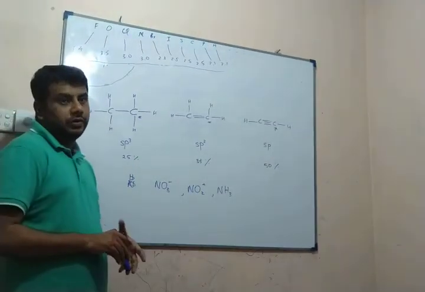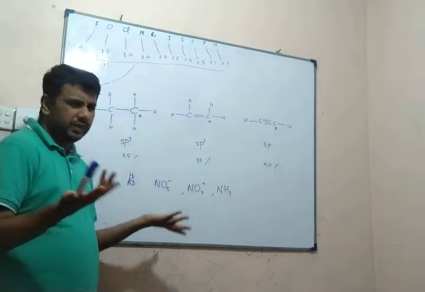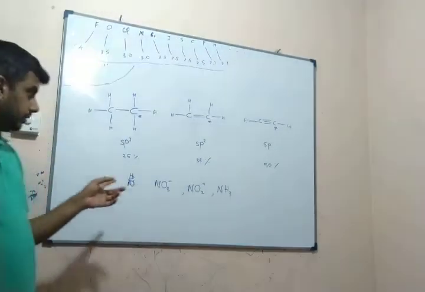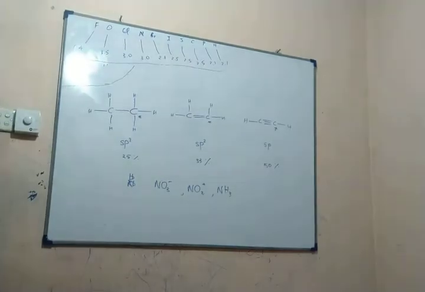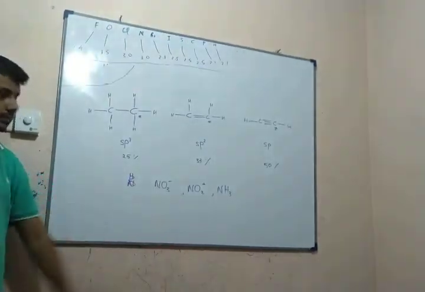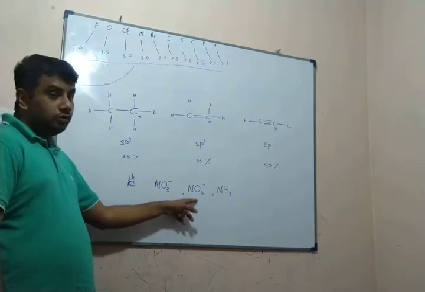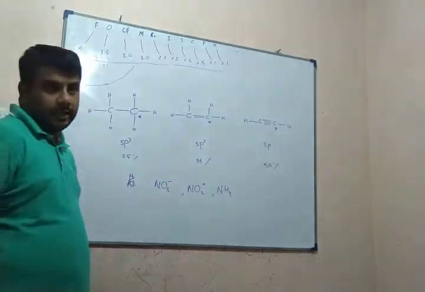Arrange these in increasing or decreasing order of electronegativity. You can write it on the next page. It's your homework. Nitrate, NO2 plus means nitronium ion, and ammonia.